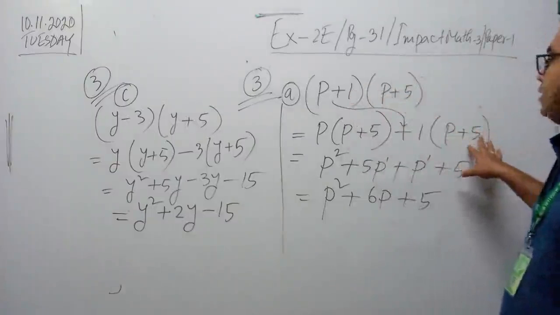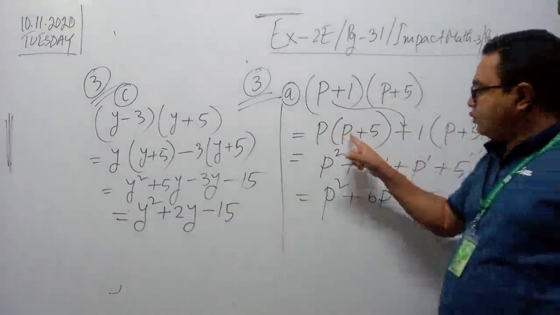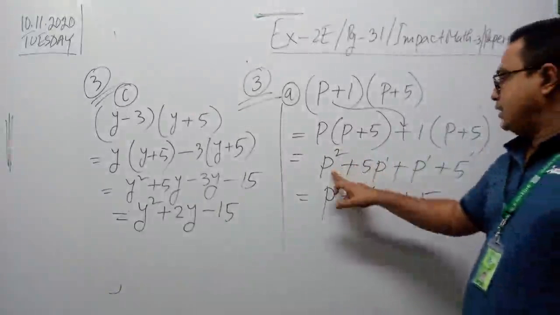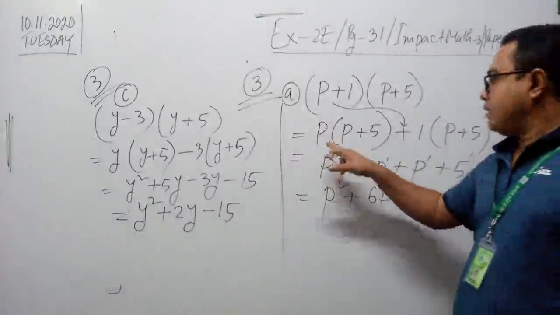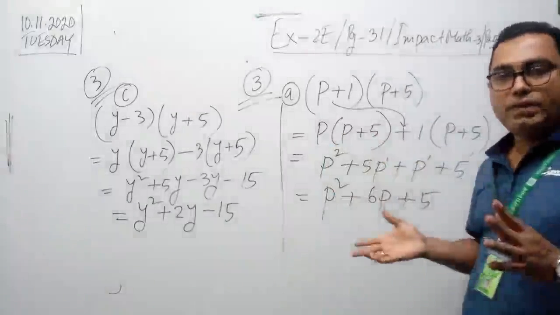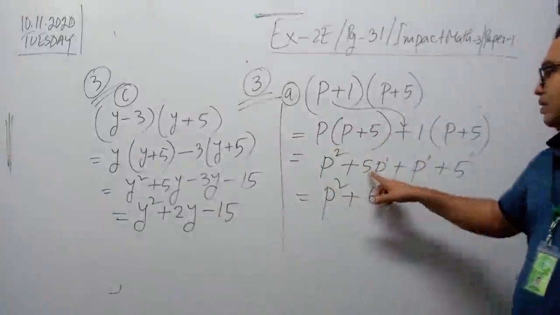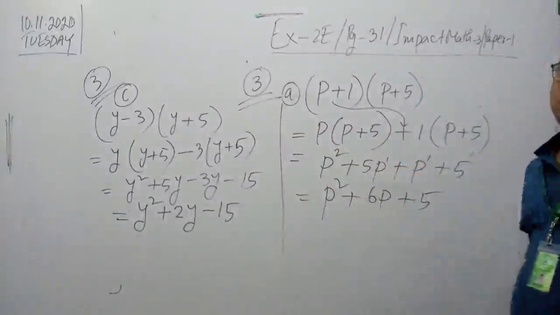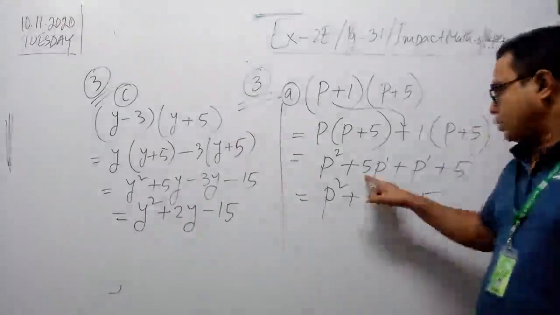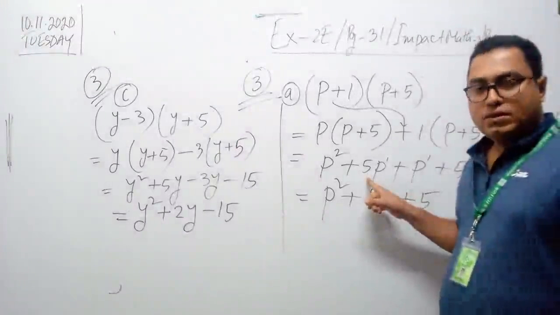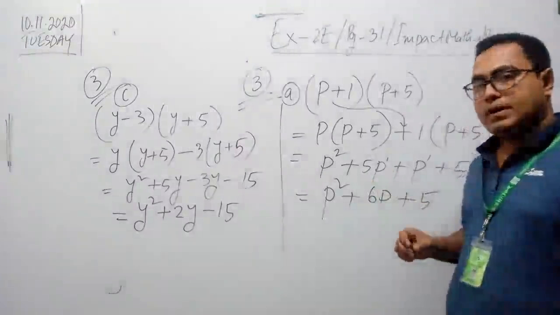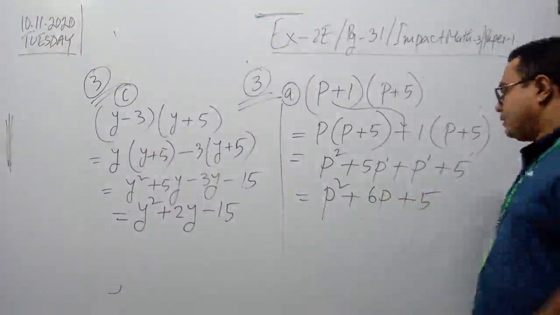Okay. Then p into p. What? P square. This p square here. P into 5, 5p, or p into 5, same thing. As we write the coefficient, it's called the coefficient. The constant term we write at the back of the variable, or left side of the variable.